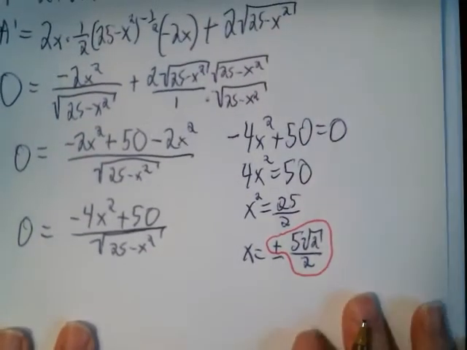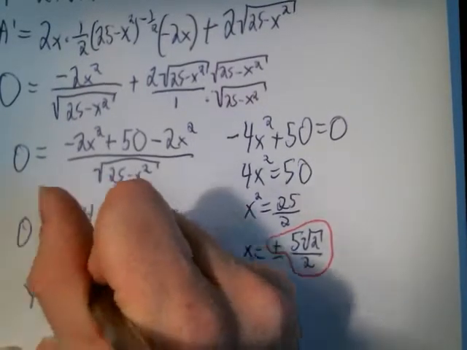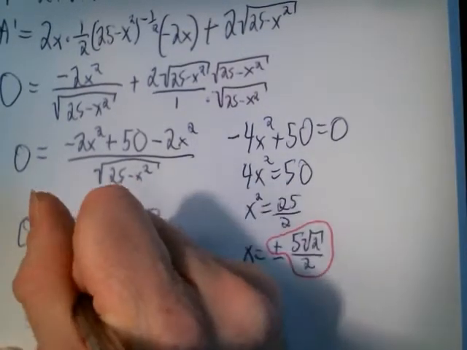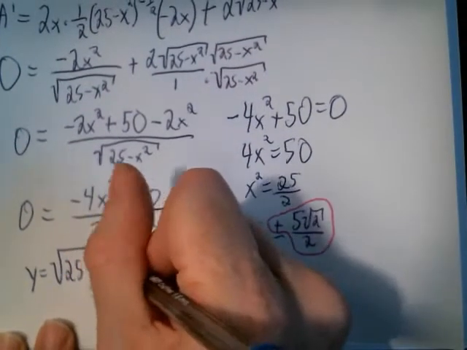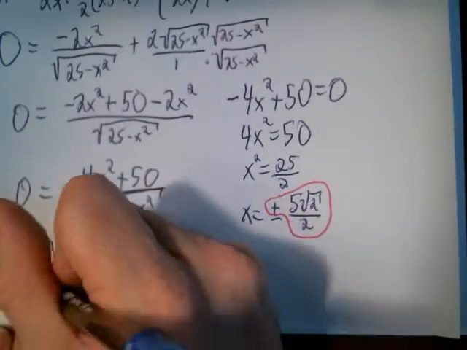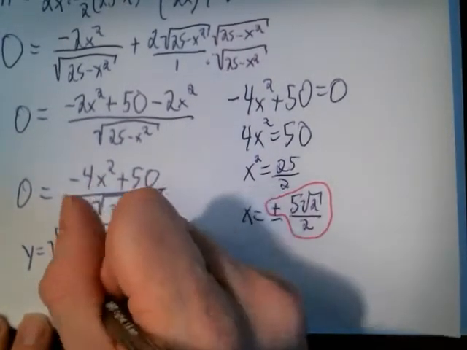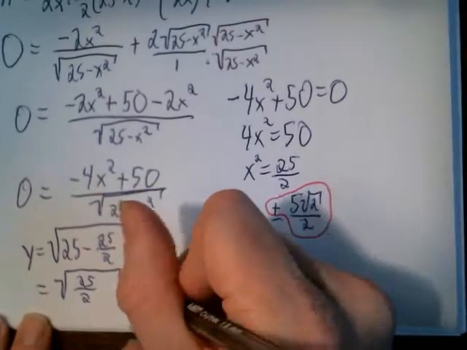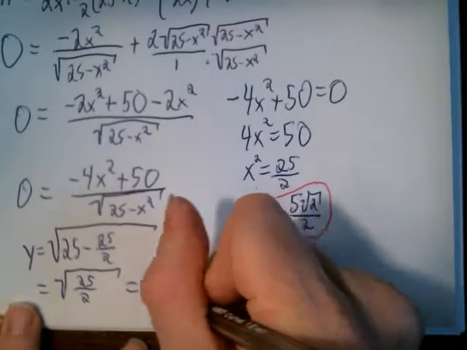Now we want to find our answer. The y value, in this case, square root of 25 minus this thing squared, which is 25 halves. So you end up with 25 minus 25 halves is 25 halves. And again, you're going to get 5 root 2 over 2.